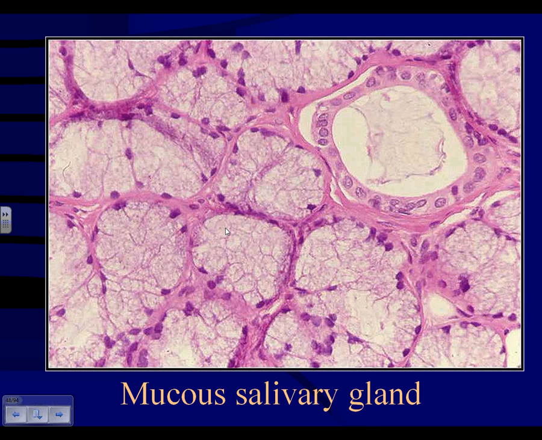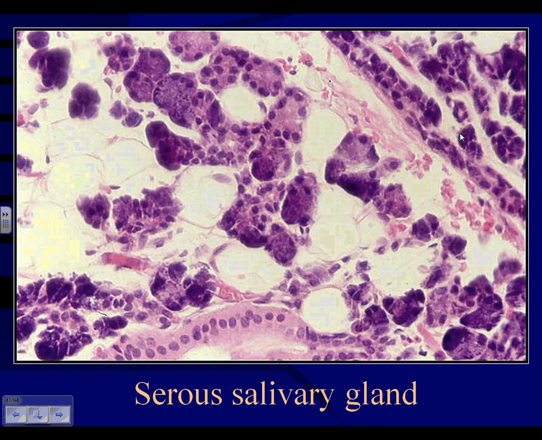Instead of these dense secretory granules, they are filled with mucin. So this is a mucous salivary gland, and a duct here lined by simple cuboidal epithelium. Salivary gland fine needle aspiration is fairly commonly performed, so it's important to know what's normal in the salivary gland.